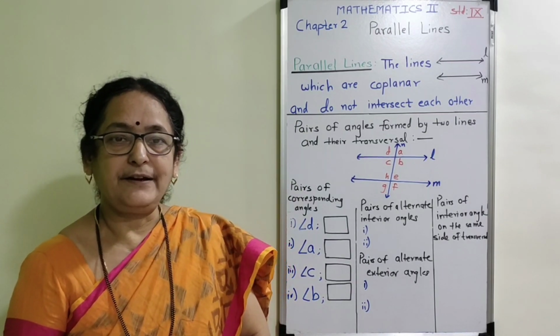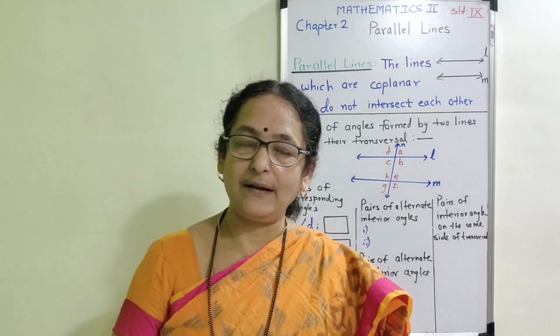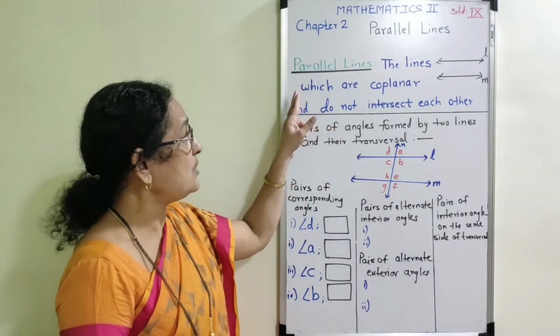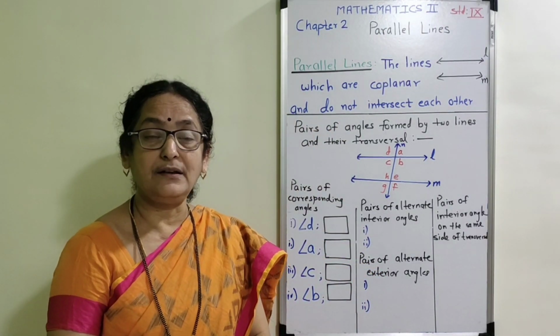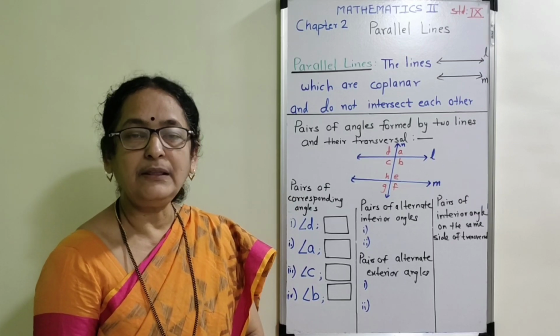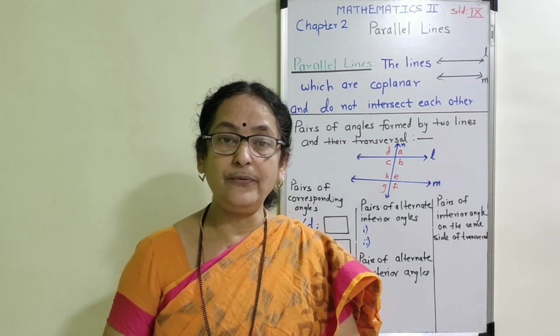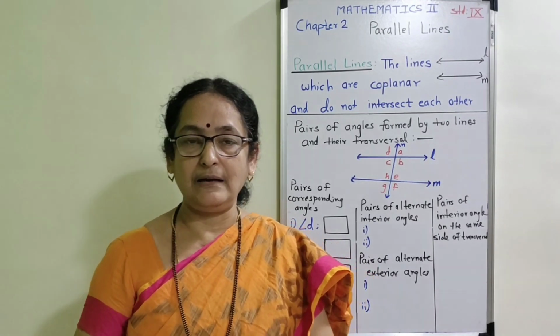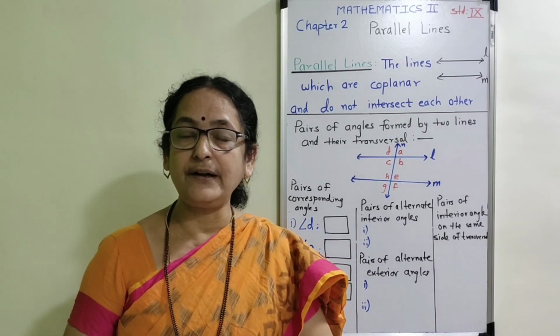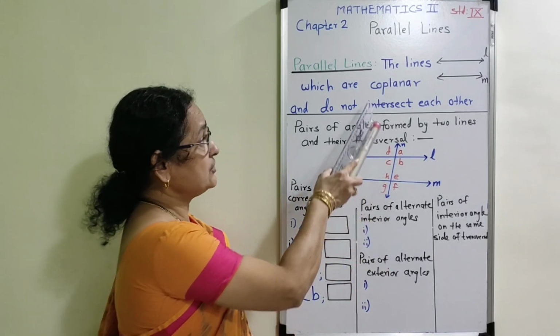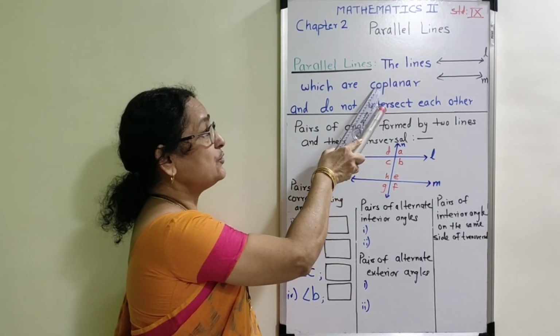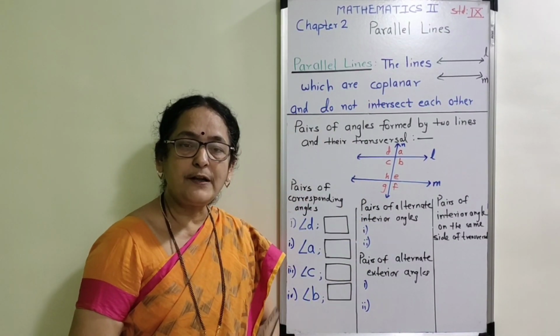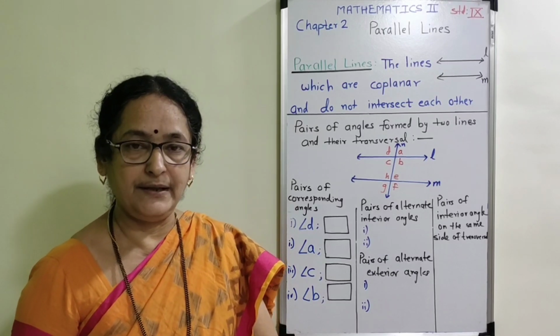Up to 8th standard, you have studied about parallel lines. Two lines are said to be parallel to each other when the given lines fulfill two conditions. Now, which are those two conditions? The first condition is the lines should be coplanar. What is the meaning of the word coplanar?